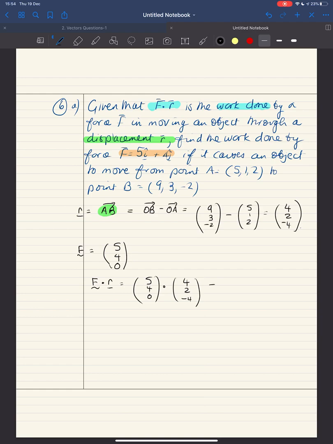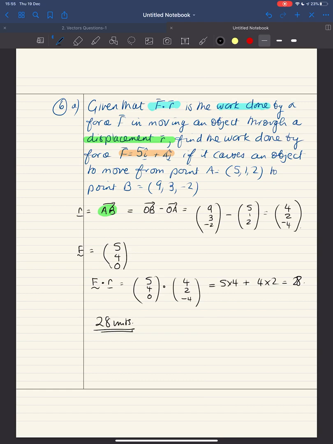Yes, this is correct. So it's 5 times 4 plus 4 times 2, which is 28. So the work done is 28 units. That's the answer.